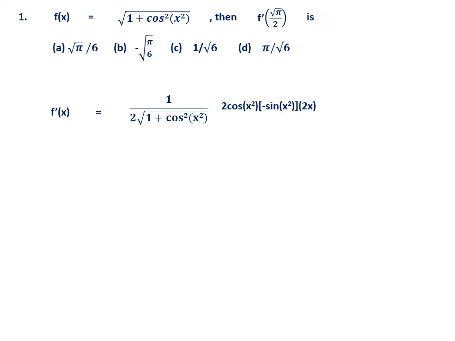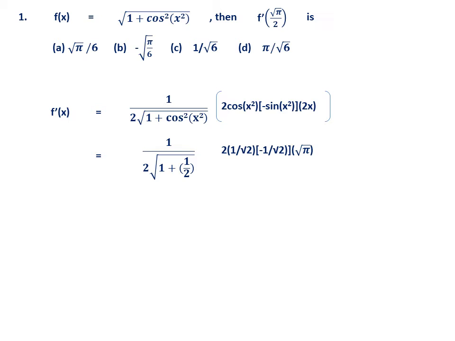See, in CET I can't show you more than this because this is the shortcut you have to remember. Then, I have not shown one step: f dash root 5 by 2, you have to write instead of f dash x. Directly I have substituted x equal to root 5 by 2.